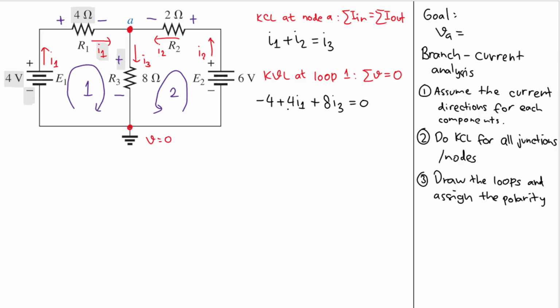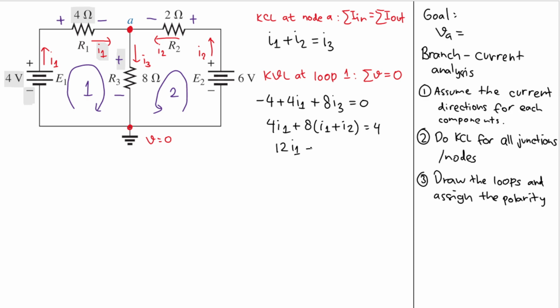But then we can move things around here. We'll have 4I1 plus 8I3, but I3 is I1 plus I2, and that will equal 4. Now doing some math here, I1 will be 4 plus 8, so I will have 12I1.